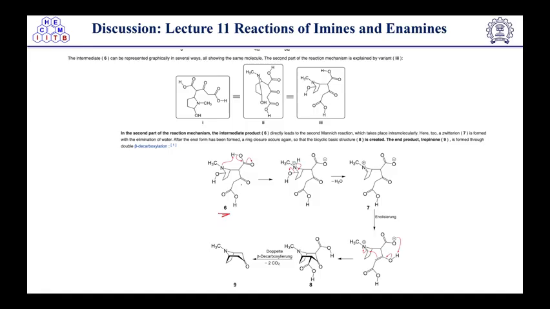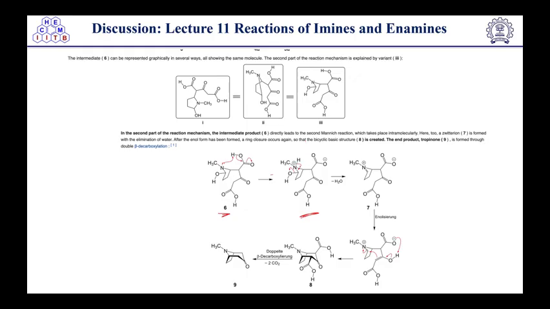Again an intramolecular reaction will take place. The nitrogen's lone pair will abstract this proton, and this oxygen bond will shift over here and get a negative charge. So this intermediate will form here.